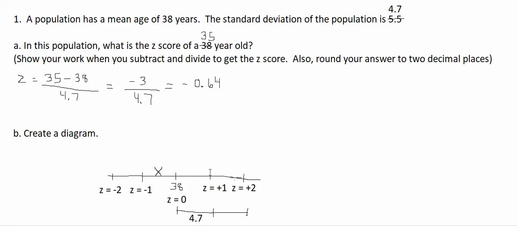They're 4.7 above the mean. And if you go up by another 4.7 years, you get to a person who's at this z-score. So if you do 38 plus 4.7 plus 4.7 again, you would get the age that goes along with this z-score.